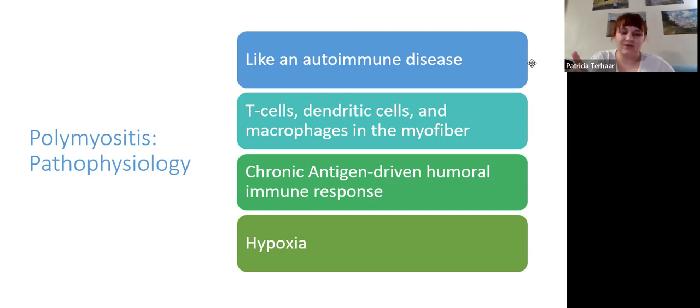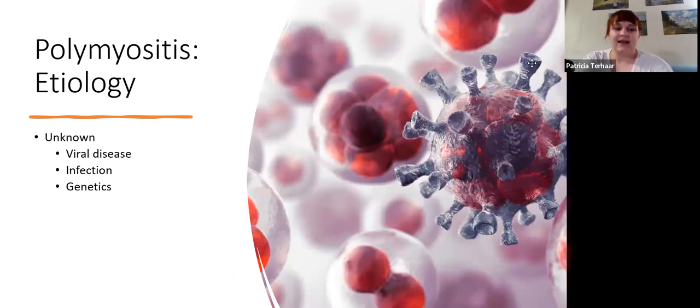So in general, PM invades and destroys the muscle fibers through T cells, very similar to an autoimmune disease process. Now, the etiology of polymyositis is largely unknown.